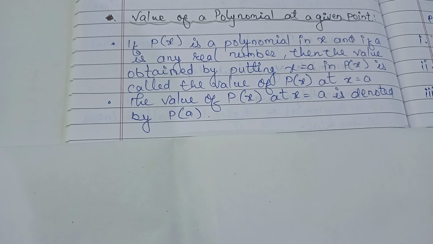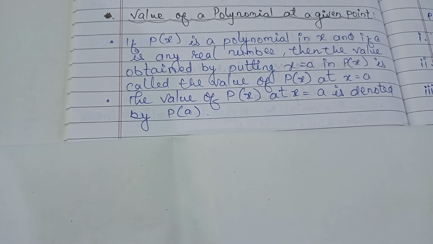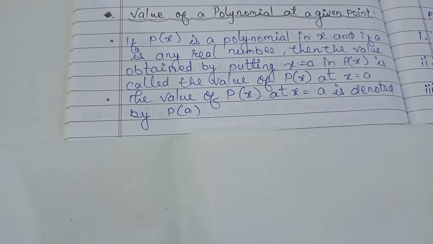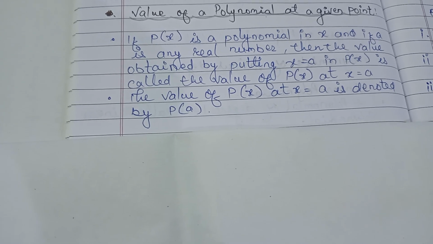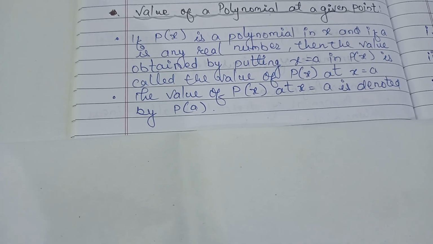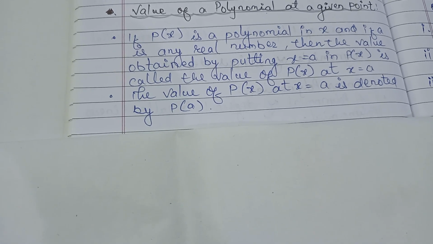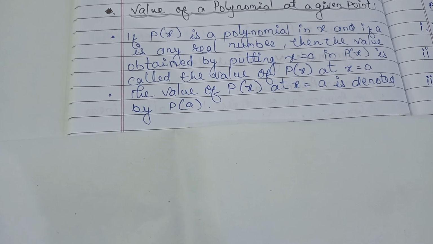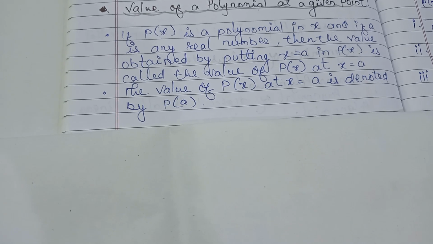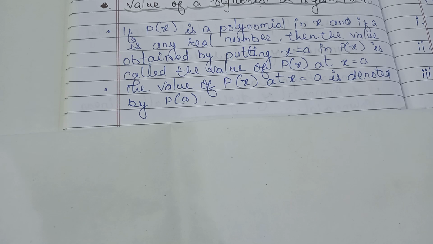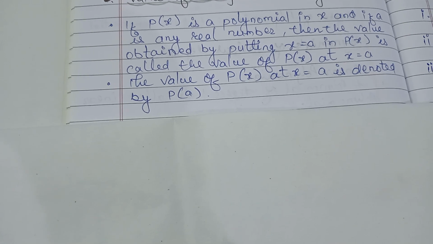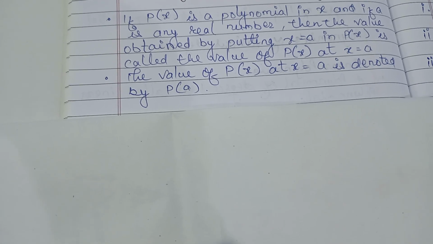If p(x) is a polynomial in x, and if a is any real number, then the value obtained by putting x = a in p(x) is called the value of p(x) at x = a. It is denoted by p(a).